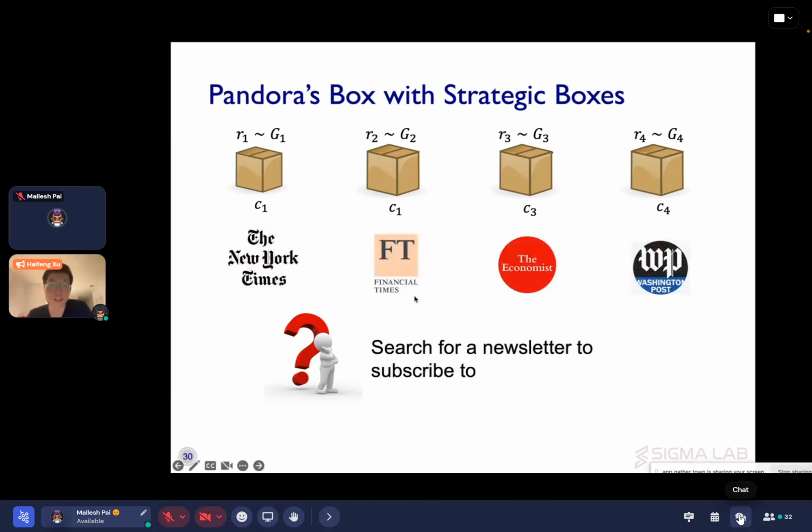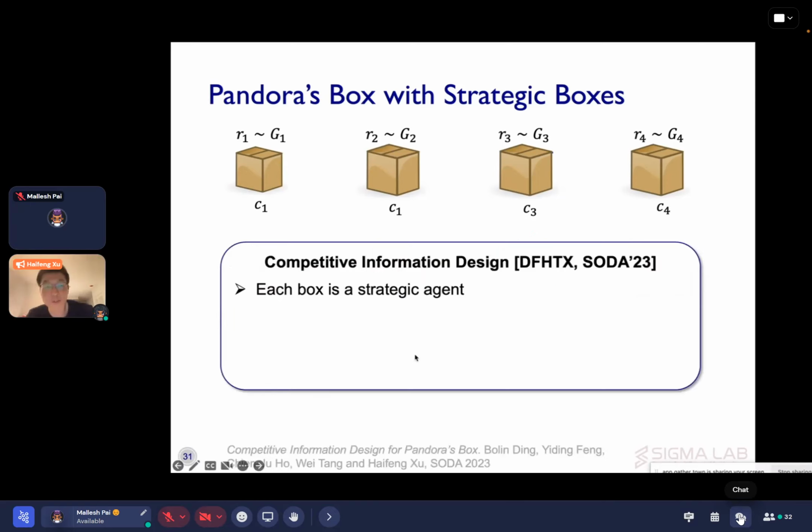And if you want to search for newsletters to subscribe to, those are definitely strategic newspapers. They want to attract you, they want to charge you. So they're also revealing information about their news content or news quality in a very strategic way. That really motivates us to study these strategic boxes.